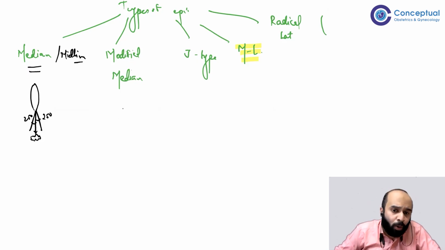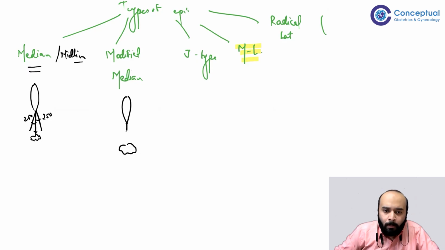The next is a modified median. In modified median, you take a median episiotomy, but you go 2.5 centimeters on each side. So 2.5 over here, 2.5 over here, so that you do not go downwards and you also end up creating a proper flap and you can deliver.